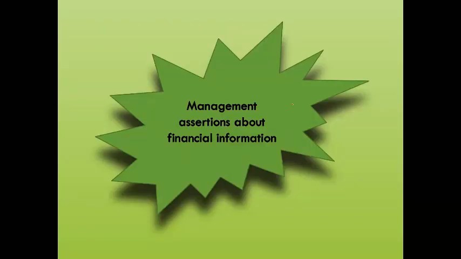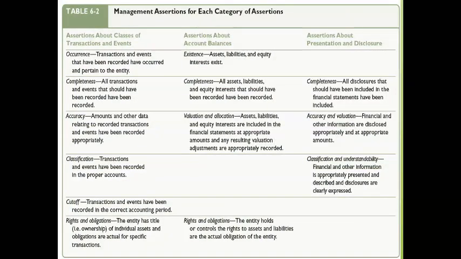Actually, the management assertions are classified into these 3 types. As you can see here, this is the assertion about classes of transactions, this is assertion about balances, and this is assertions about presentation and disclosure.